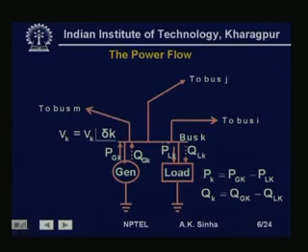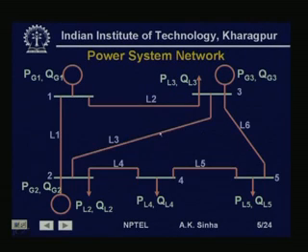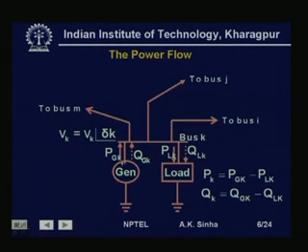Now, let us see a bus bar in detail, like this bus bar 2 which we have put here. A generator is connected to this bus bar, injecting real power Pgk and reactive power Qgk into this bus bar, and it has a load which is drawing real power PLk and reactive power QLk from the bus bar.